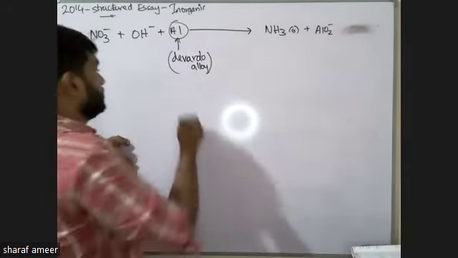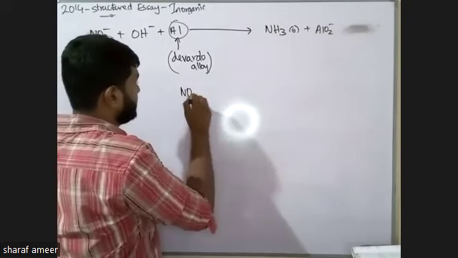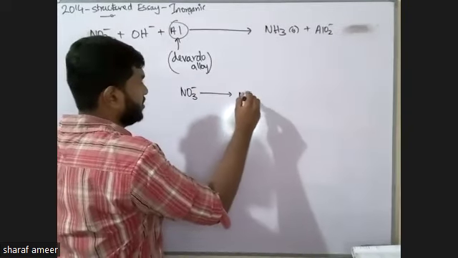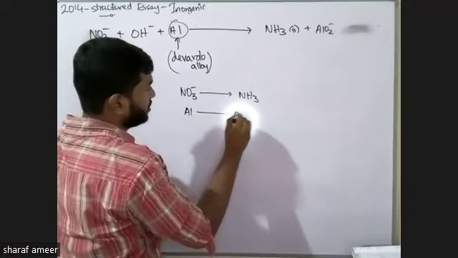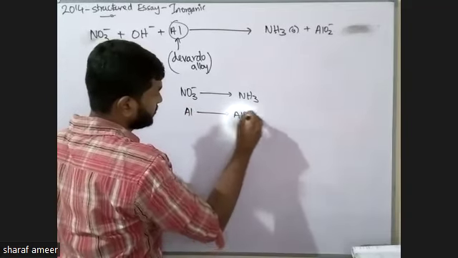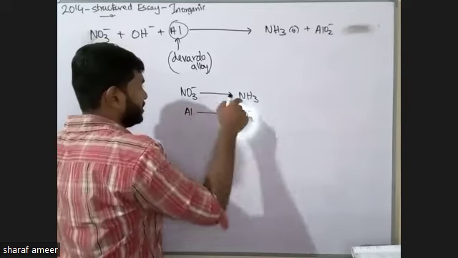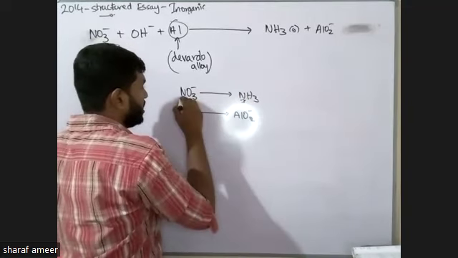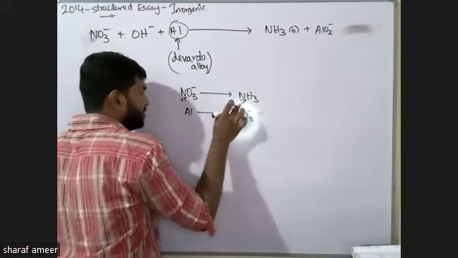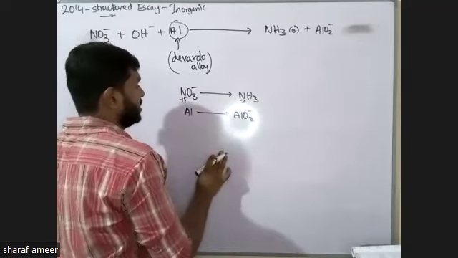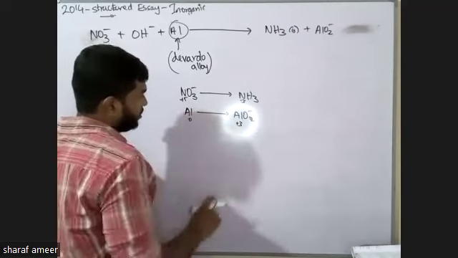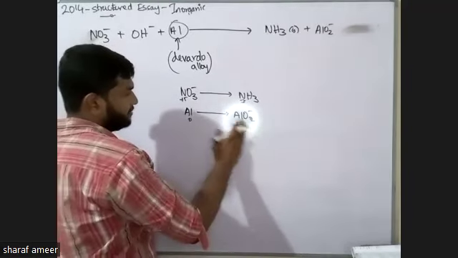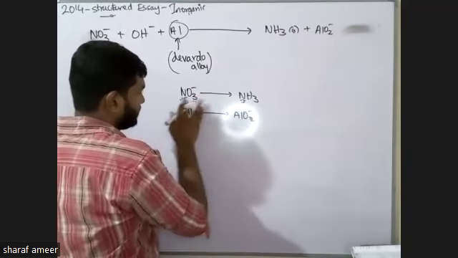So nitrate goes to ammonia, aluminium goes to aluminate. This one is reduction because this is -3, this is +5. It went from +5 to -3, so therefore reduction. This one went from 0 to +3, which means oxidation. So reduction and oxidation. Yeah? So it balances both the sides.